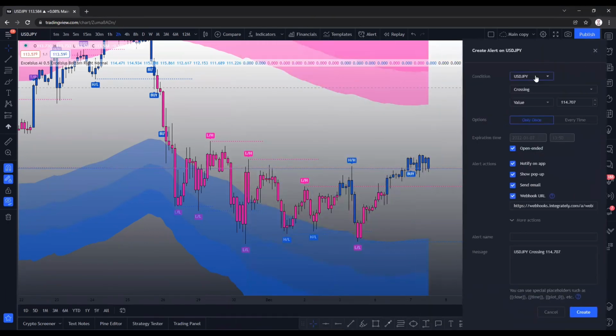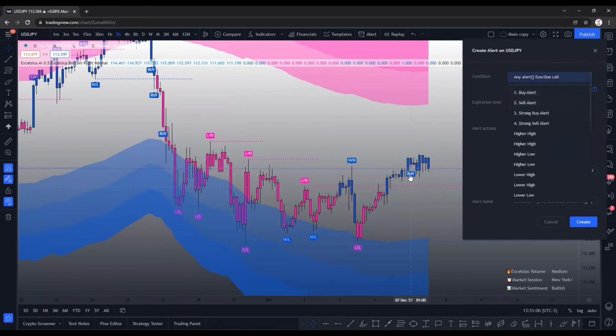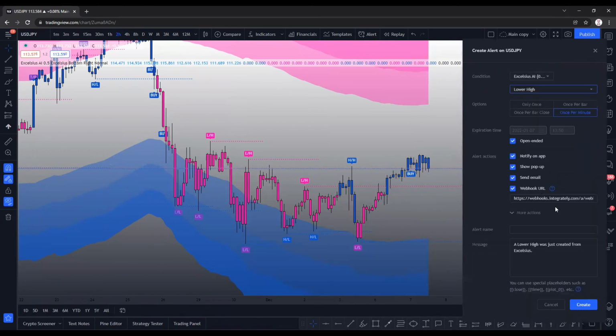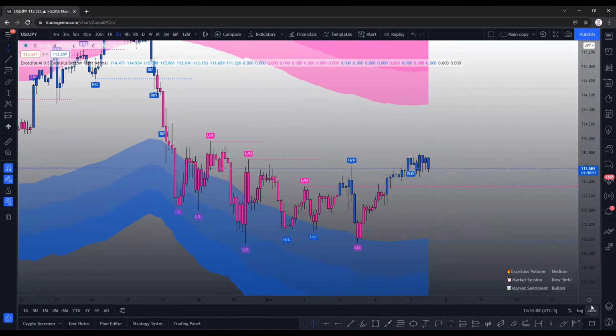You'll right click, go ahead, drop down, and in this case you want lower highs being created so that you can look for buys. You'll go ahead, you'll set the lower high tab once per bar close, of course, and from there, boom. You now have Excelsius there to alert you of potential lower highs as well as higher highs being created.